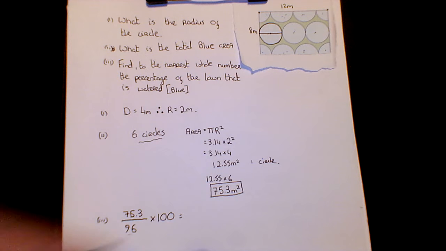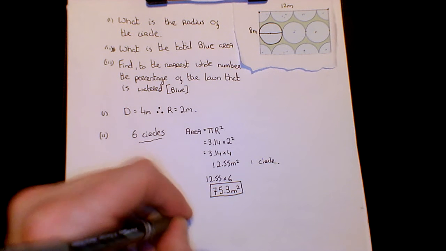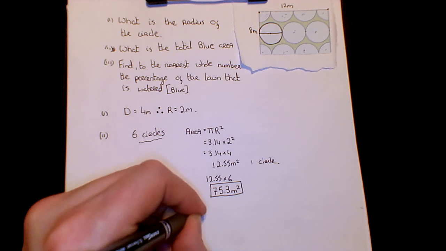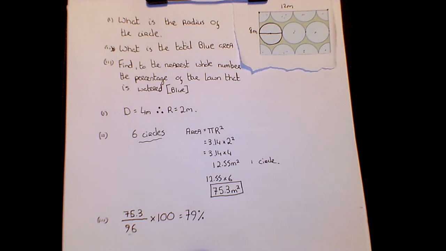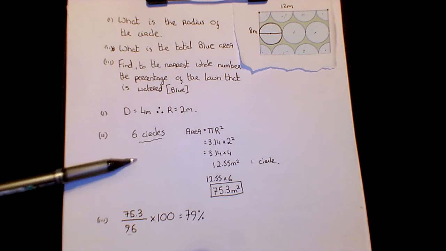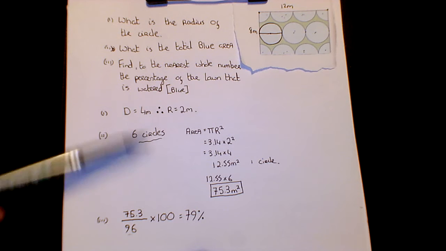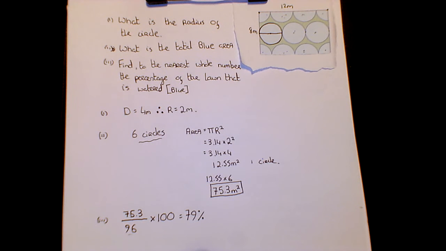To the nearest whole number, you should get 79%. So I hope you got that one right. If not, take a look at it, take it down, and pause this if you want. But I would be hoping you'd have got at least 1 and 2 right.